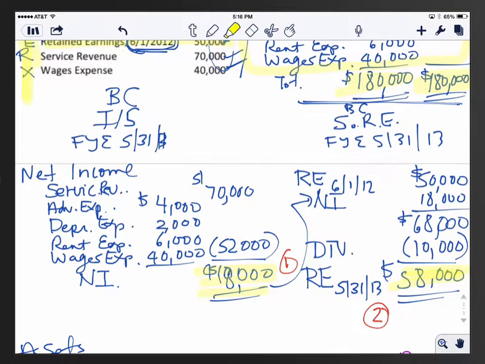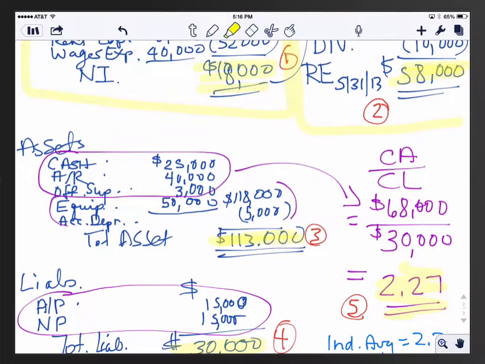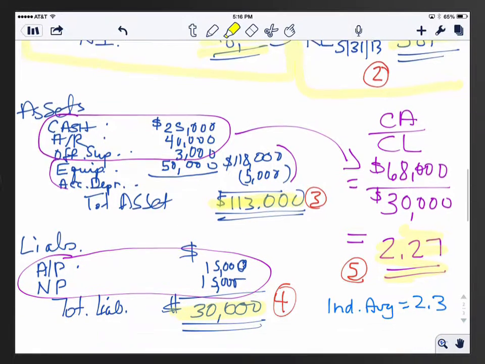And you can see that I basically made an income statement here. It didn't ask me to do that, but it asked me to calculate net income so I can make an income statement. And then here it asked me to calculate the ending balance at the end of the year of retained earnings. So I basically made a statement of retained earnings. Okay? Yeah, it didn't ask me to do that, but all I got to do is add a heading, and I've got one. Didn't make a balance sheet, but it did ask me, hey, what were the assets?